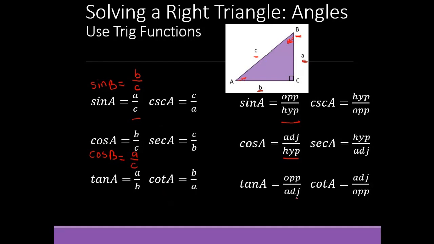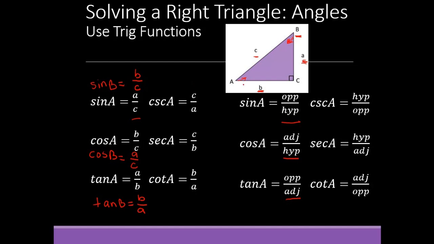And now tangent, opposite over adjacent. Opposite is B, and adjacent is A. So tangent for B is now B over A. So see how those swapped? Those changed a little bit because we're looking from a different perspective.